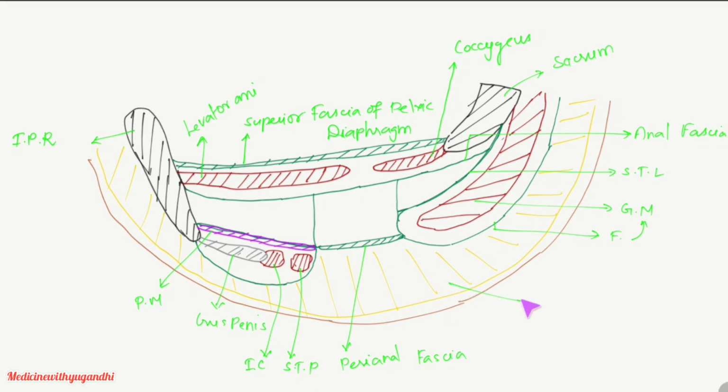Then this is the perianal space filled with fat, and of course this is the skin. Then this is the anterior recess, and this is the main part of the ischial fossa, and this is the posterior recess.